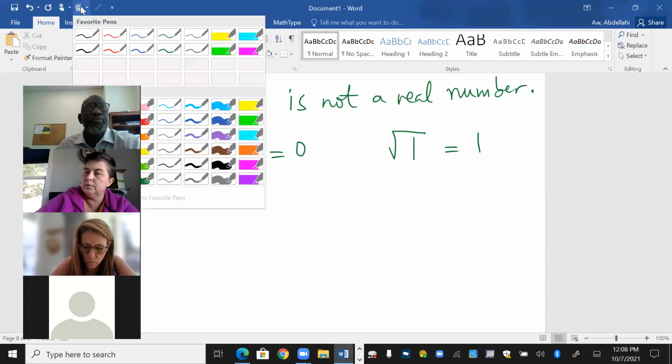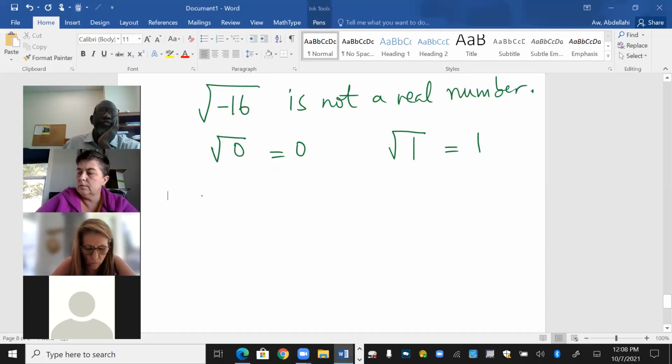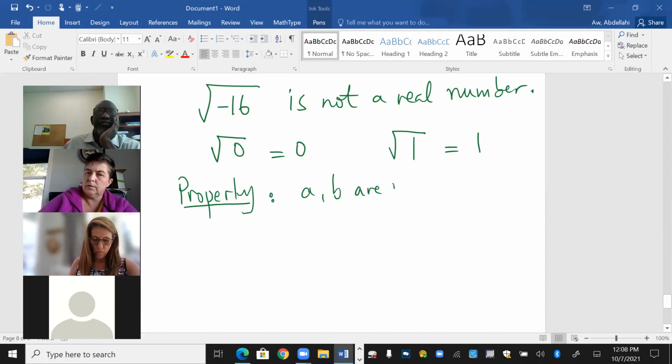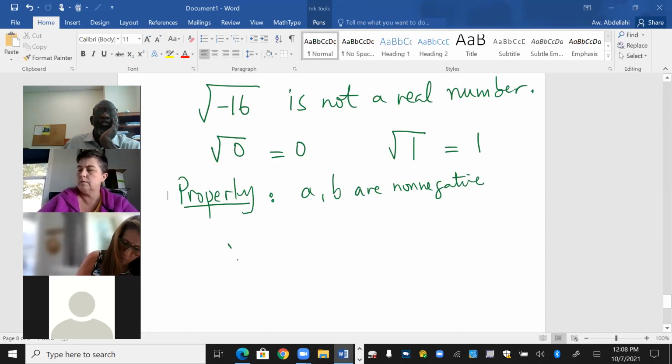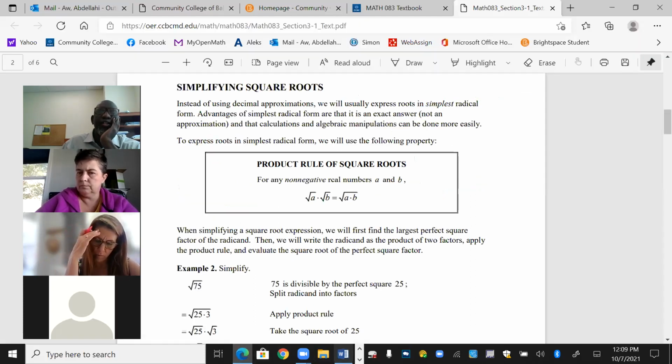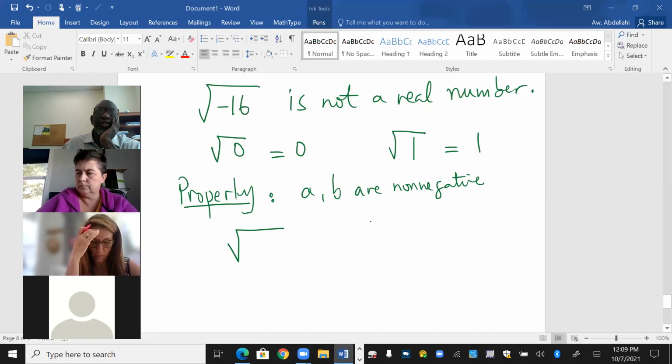We have the first property right here. If A and B are non-negative, then we have the square root of AB is equal to the square root of A times the square root of B, or the other way around, right?